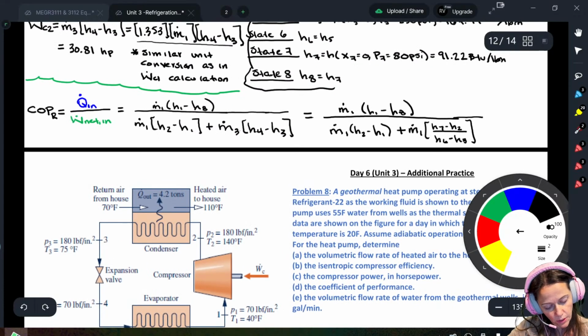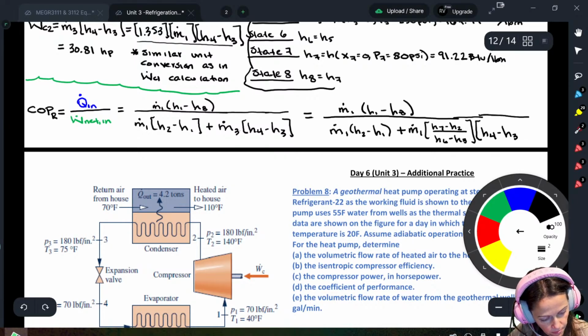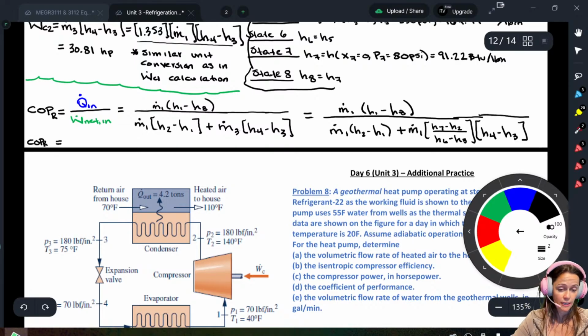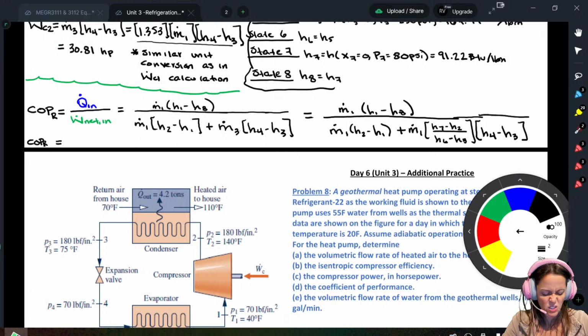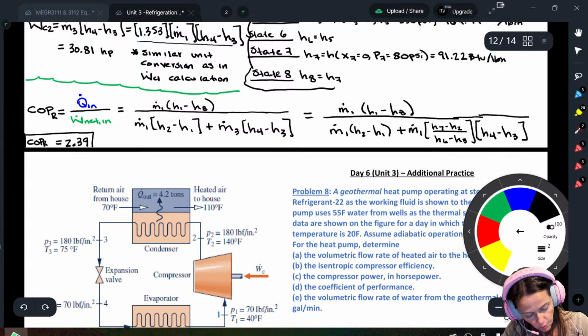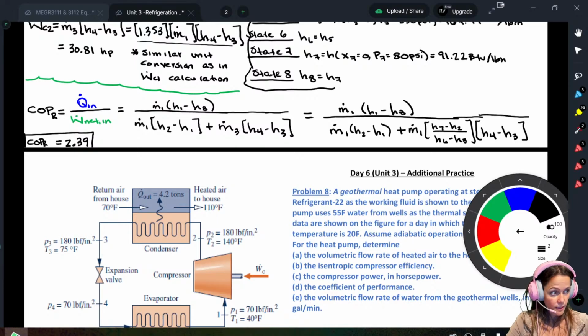And then of course, times H4 minus H3. And I do finally get an answer. I know we have numbers and everything, and you could just plug it in and calculate it, but I think it's a worthwhile exercise at least. So 2.39, that's our COP. Okay.